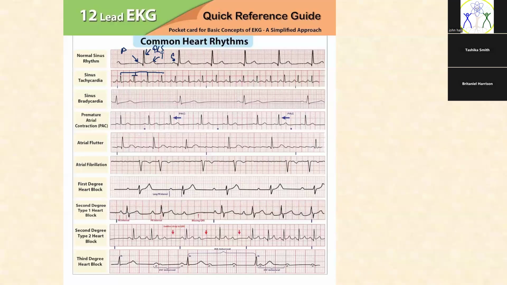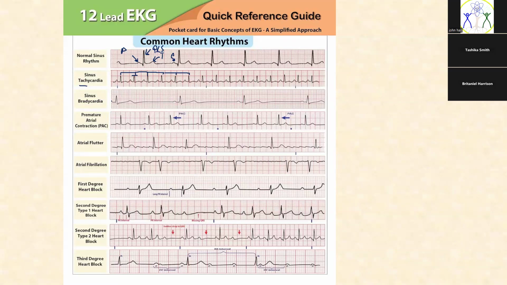What this is saying is that the heart rate of this person is much higher than normal. The refractory period is shorter in this person. Okay? So the heart is contracting more quickly. So the heart is racing, as they say, right? So that is tachycardia, heart beating too fast.